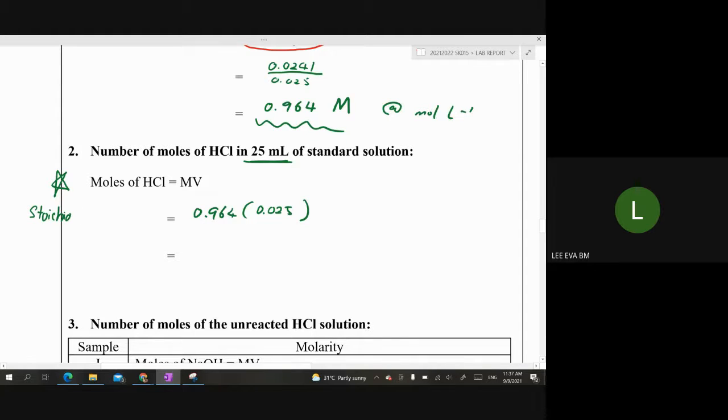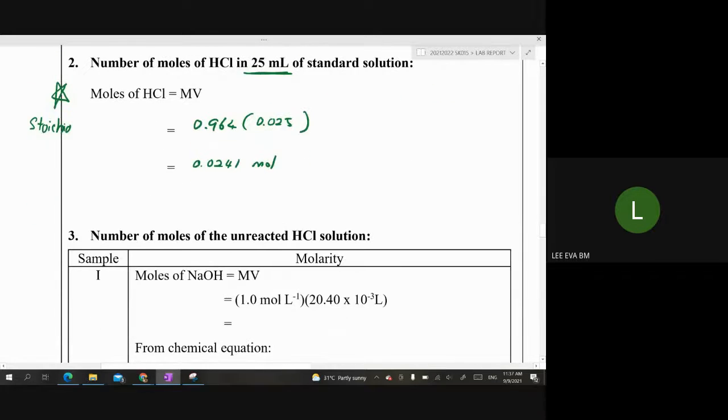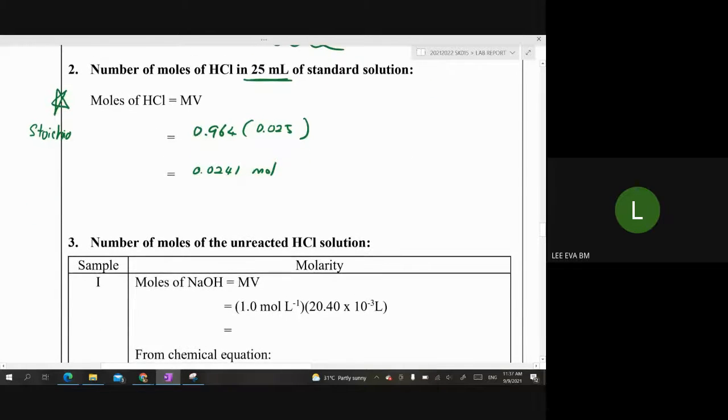So actually it is the same value which we got over here, 0.0241 mole. Okay, cuma nak bagi tahulah macam mana nak apply benda ni. Nak guna stoichiometry untuk dapatkan mole HCl pun okay, tak ada masalah. Okay. So done for number 2.